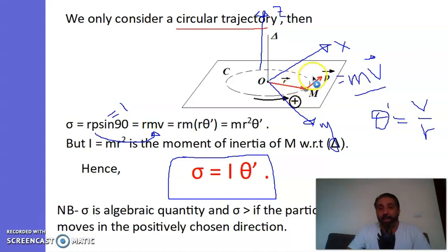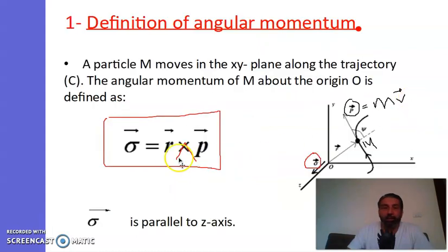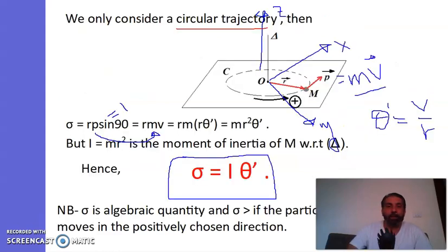But if particle m moves clockwise, like this, and the positive sense is chosen anti-clockwise, then sigma is negative. Why is this? Because here we have a cross product, okay? And this vector could be along the positive x-axis or along the negative x-axis, depending on the sense of p in this case.